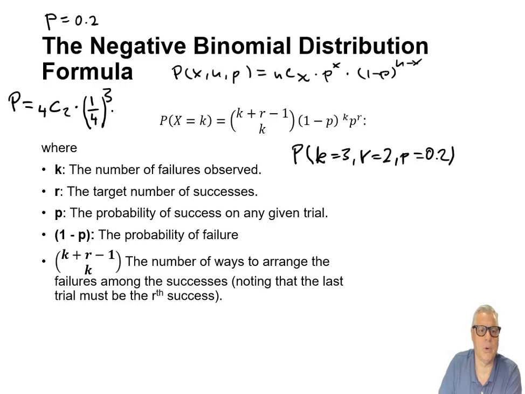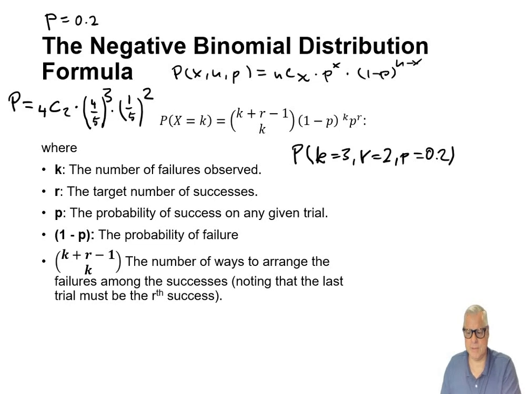The success probability is 0.2, so that's 1/5, and of course the failure probability is 4/5. So it's 4 choose 2 times 4/5 to the power of 3 times 1/5 squared.